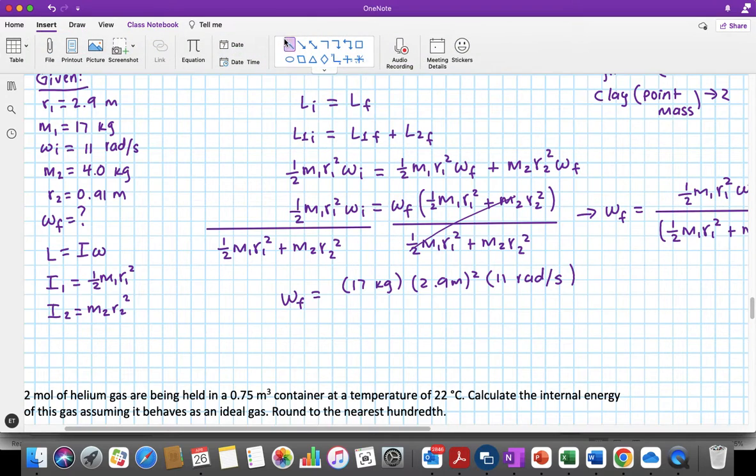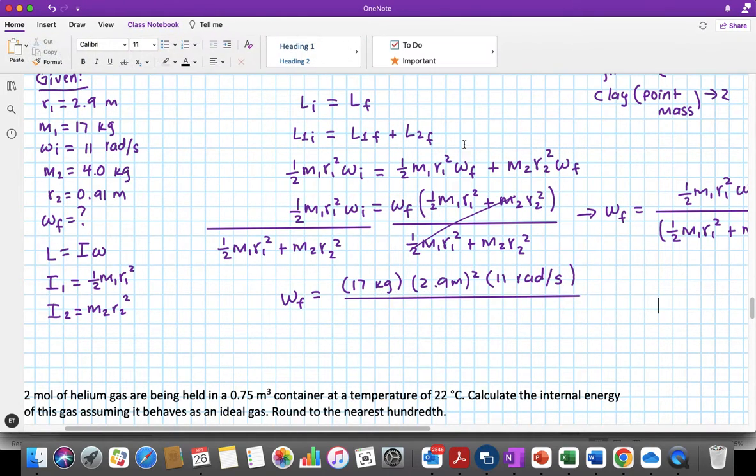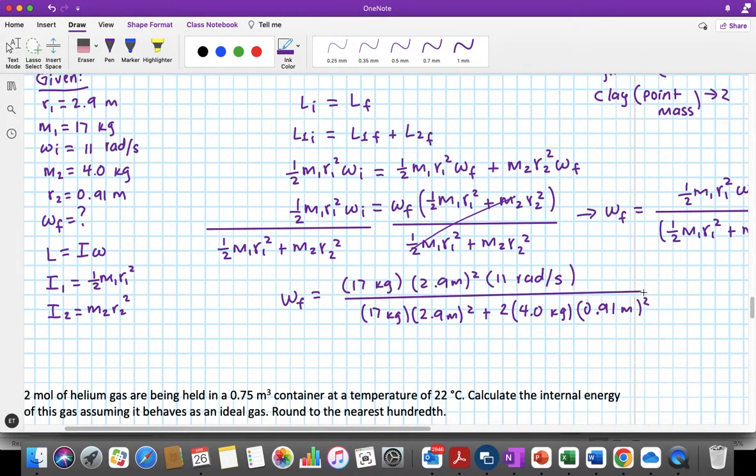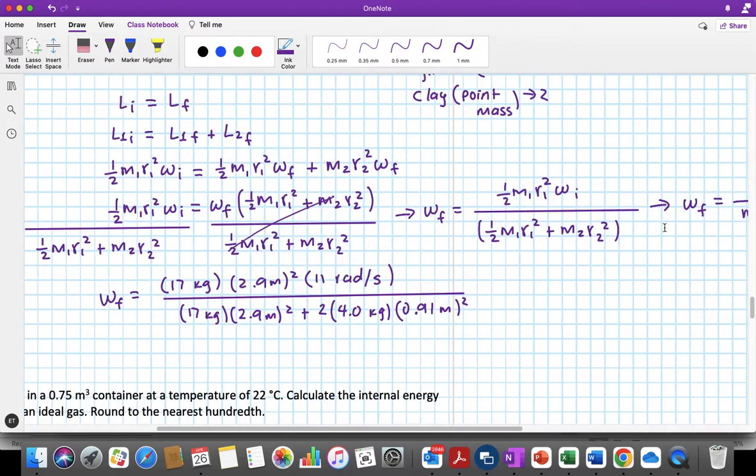We're going to divide all of this by, I'm sorry, that would be 17 kilograms again, m1 r1 squared, 2.9 meters squared, plus 2 times m2, which would be 4 kilograms, times 0.91 meters squared. I'm using this one over here.